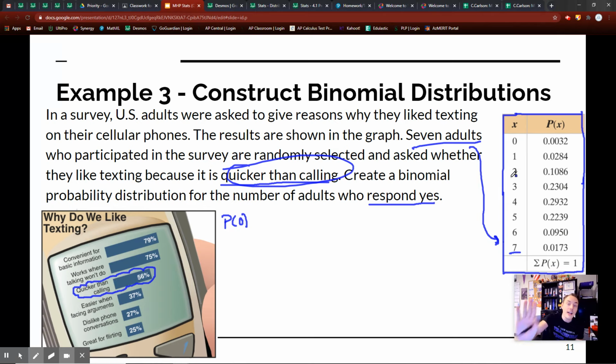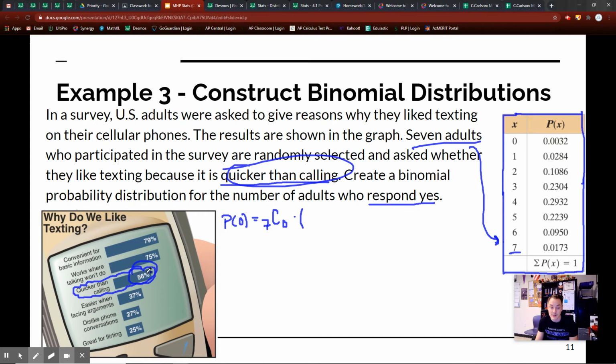It's already completed, it's right there. But now what we're going to do is try to replicate it by using what we did in the last slide. So what does that look like? Probability of 0 equals 7C0, because it's 0 right here, times the probability of success.